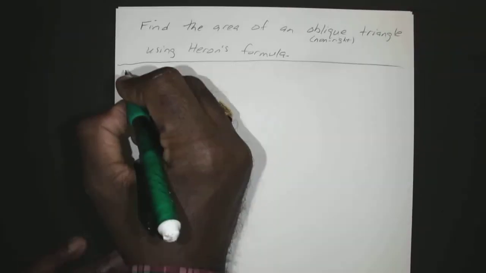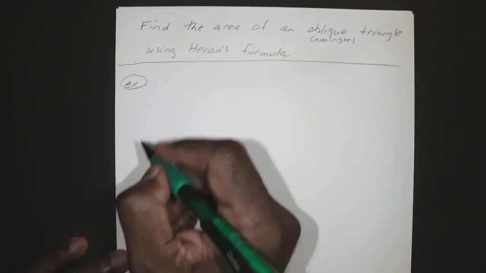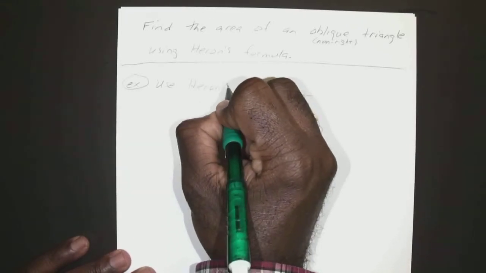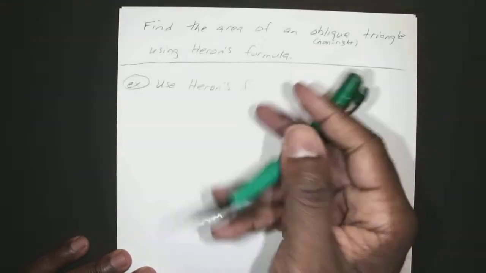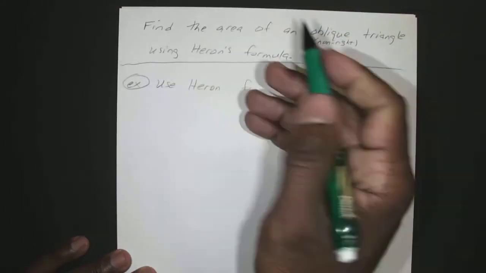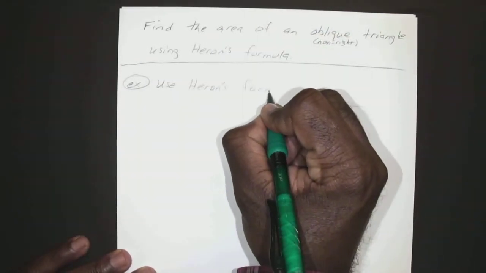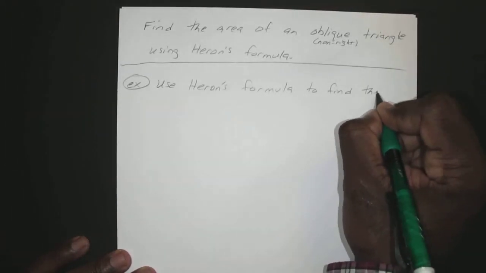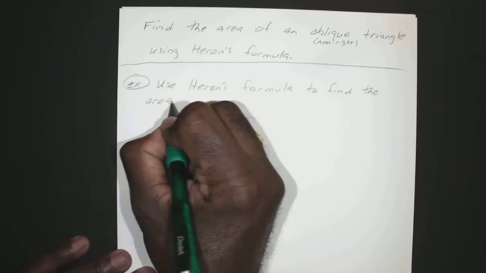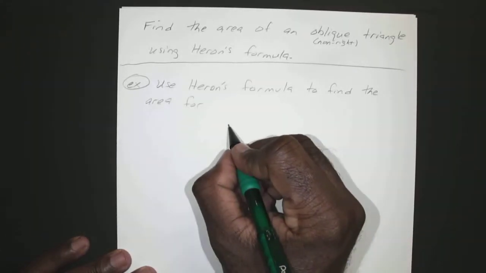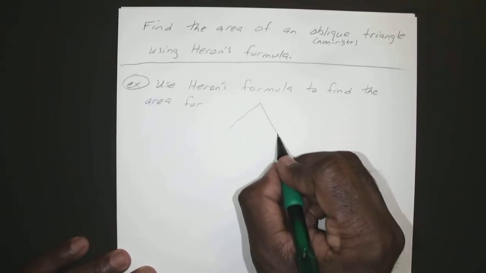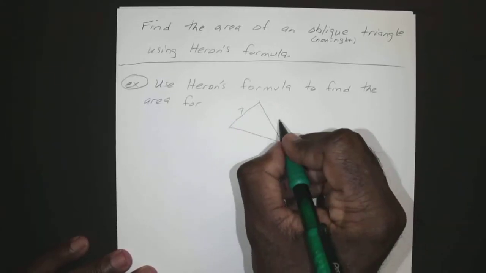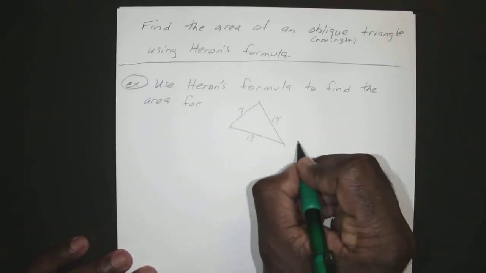Okay, so for example, use Heron's formula to find the area. Let's say you have a triangle, we know it's not a right triangle. Let's say this is side 7, this is side 14, and this is side 13.